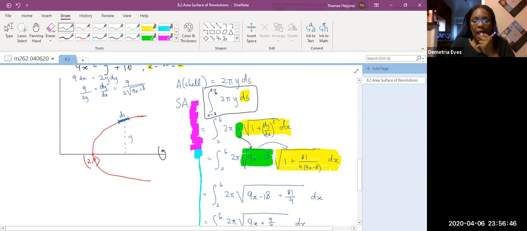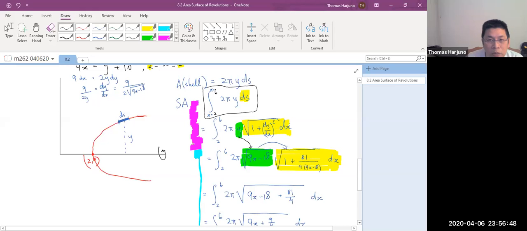Suppose I want my variable of integration to become dy, then what will that be? Surface area, therefore, equals the integral of 2 pi y times the square root of 1 plus (dx/dy) squared dy.